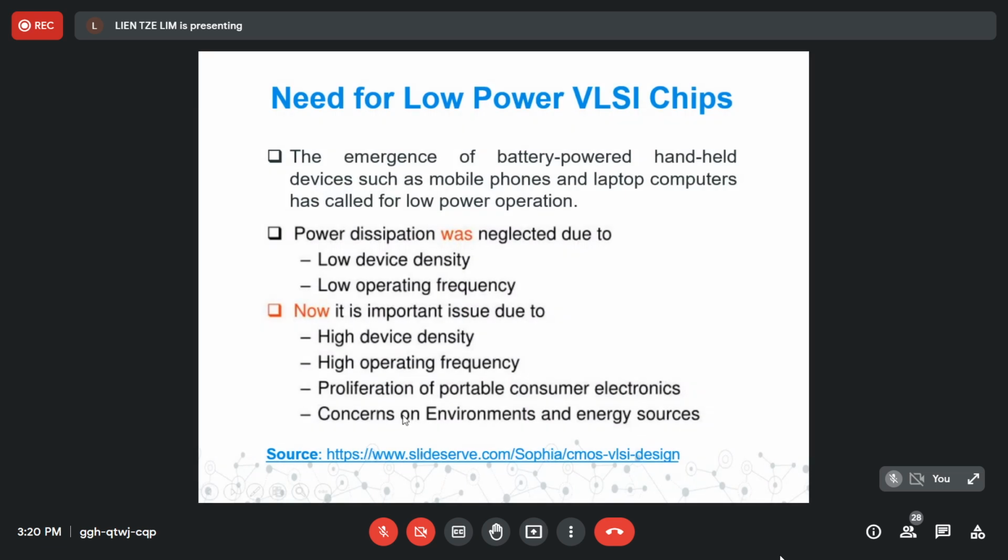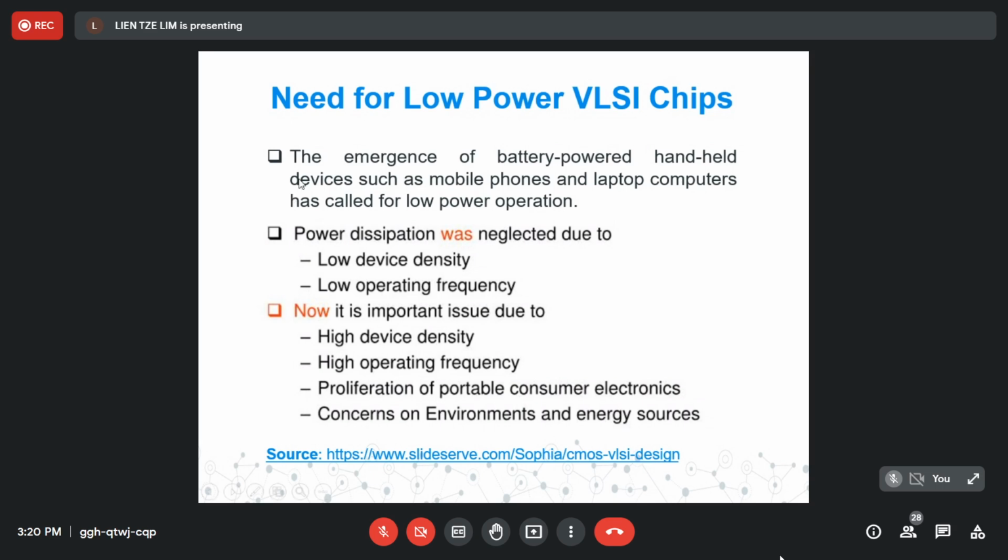Need for low power VLSI chips. In a VLSI chip that has 100,000 transistors, even though one transistor dissipates a small amount of power, when we consider 100,000 or thousands of transistors in a VLSI chip, the power dissipation can be high.